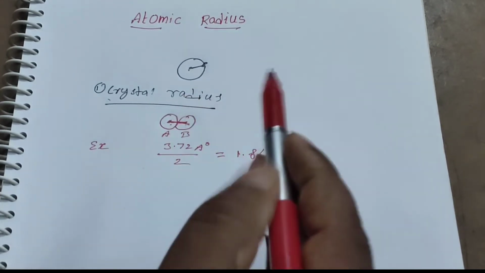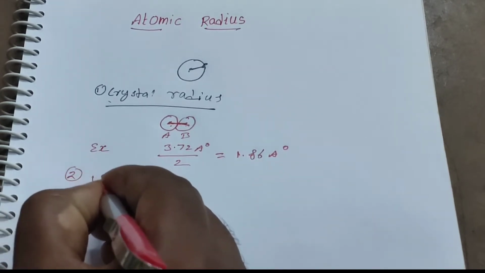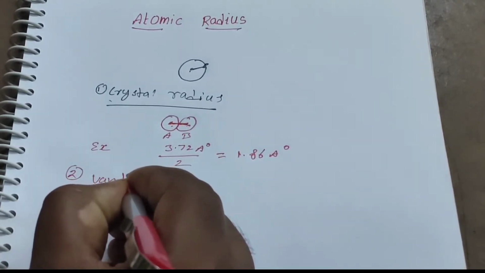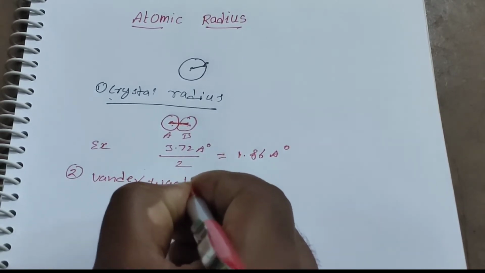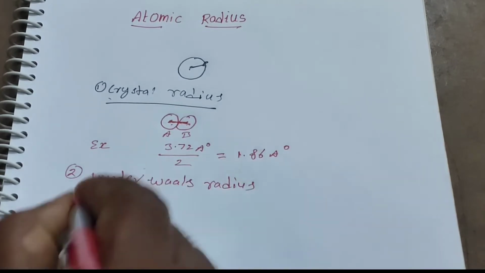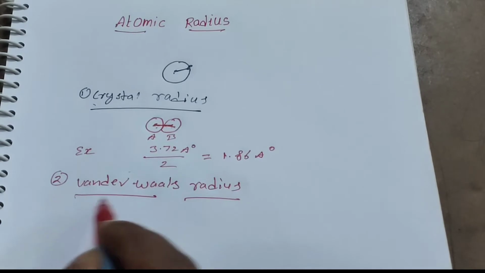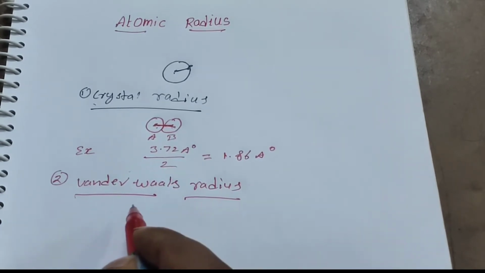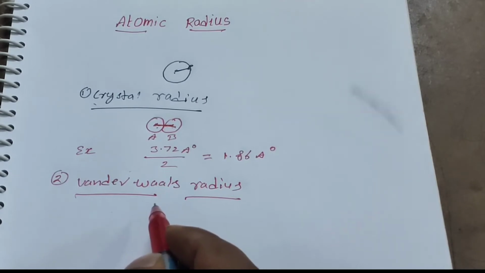Next one is the van der Waals radius. Here in the van der Waals radius, we are especially looking at gases in the solid state.